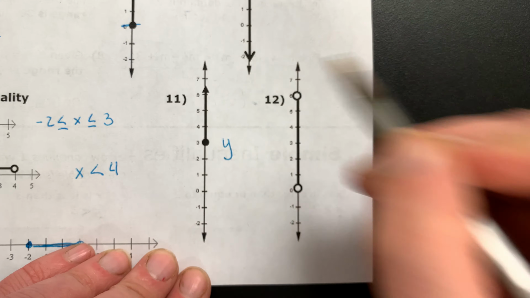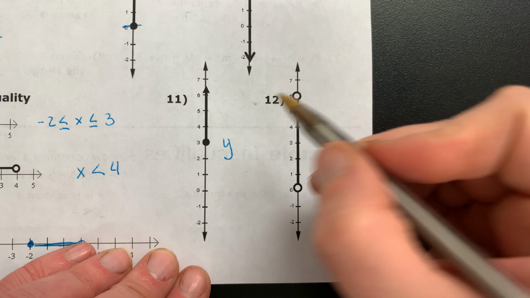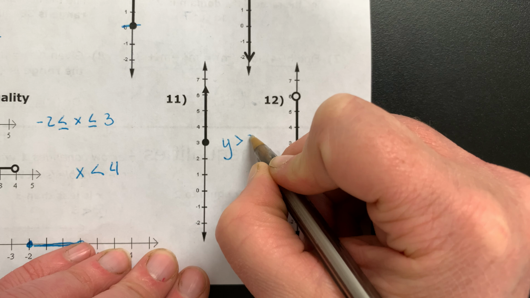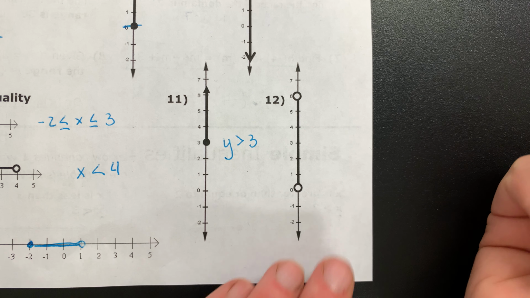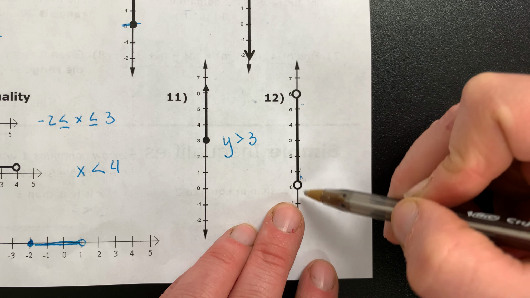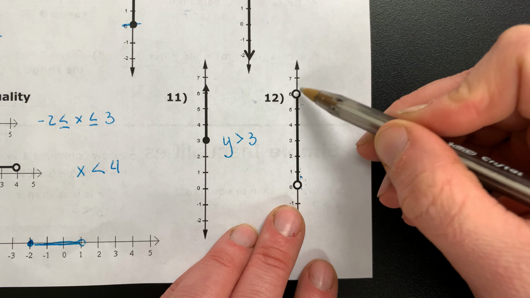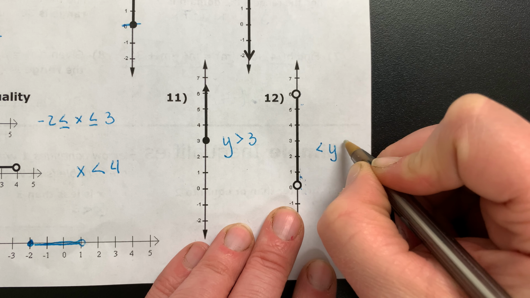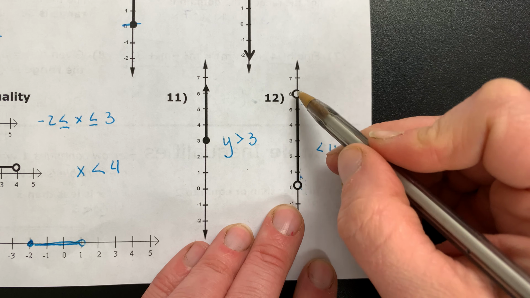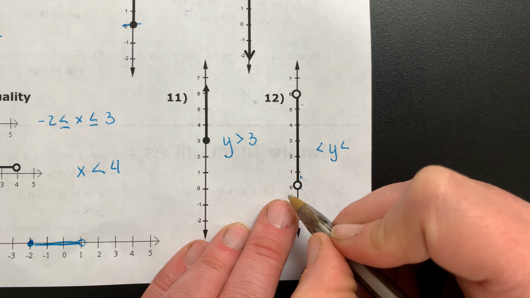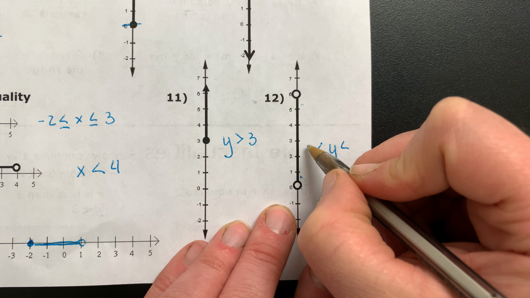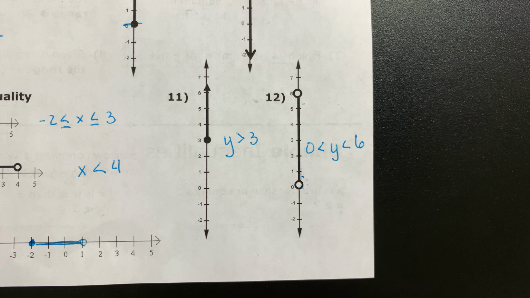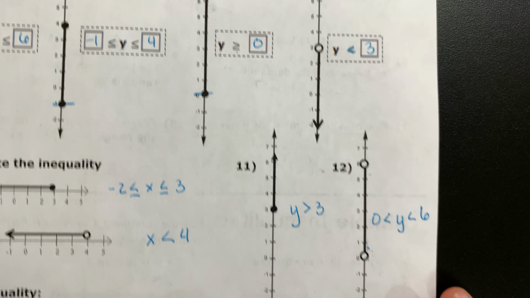I don't have two endpoints, I only have one endpoint, so this is greater than, because it's going up. 3 is my important number. But this one has two endpoints. I'm measuring the lowest to the highest. So in this case, I would have y in the middle. I would have two less thans. Neither one of them gets a line underneath. My lowest point is 0, and my highest is 6. All right, so we're going to stop there.